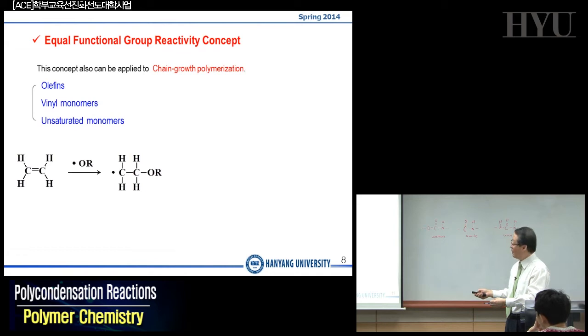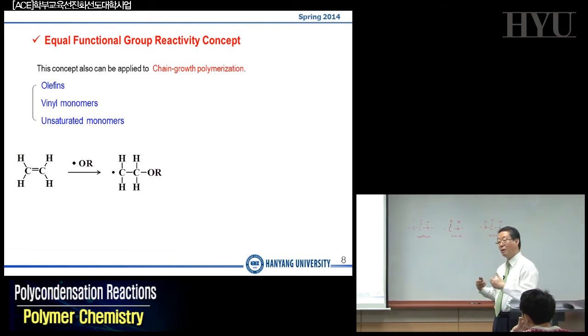And this is the initiation step. Now, in the next step, which is the propagation step, you will meet one more monomer. And this radical will attack the double bond and form a similar reaction. So it goes on and on, and you increase the molecular weight.